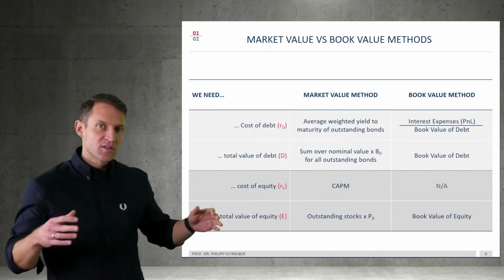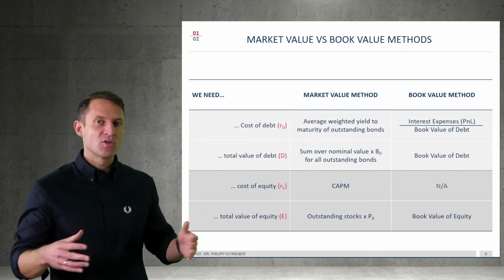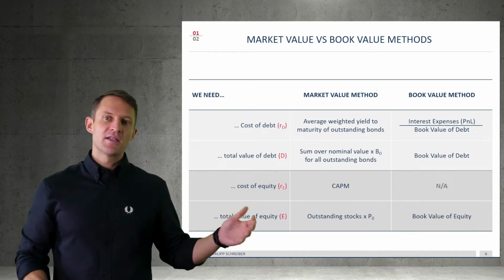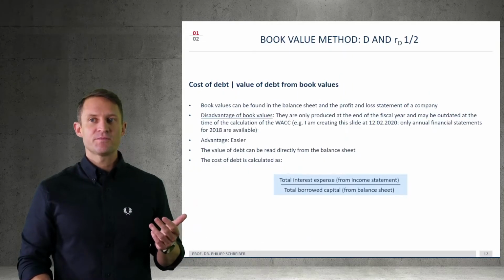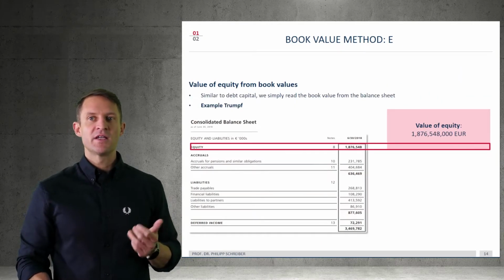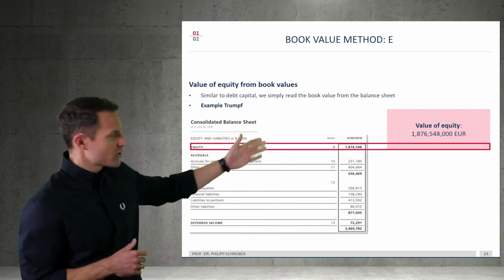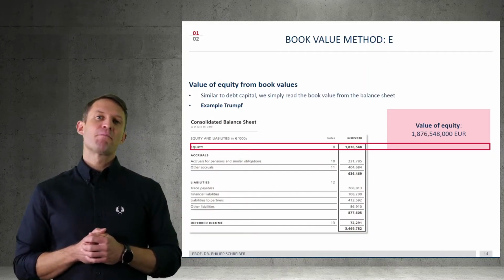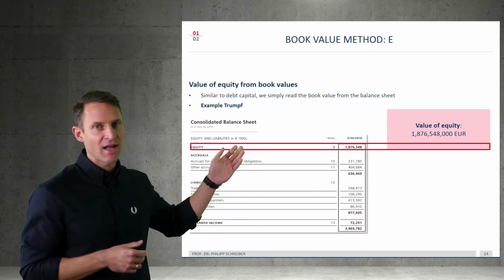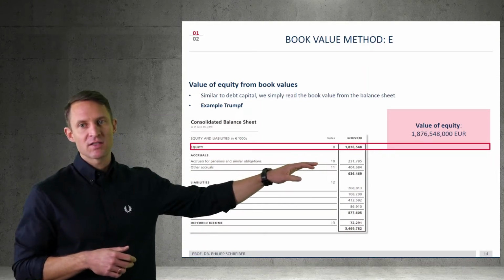So there is no way around. You have to use the CAPM. And for book value of equity, you can check out the balance sheet as well. You can see here for Trumpf, it would be 1.876 billion euros. You just have a line item in the balance sheet that says total equity.